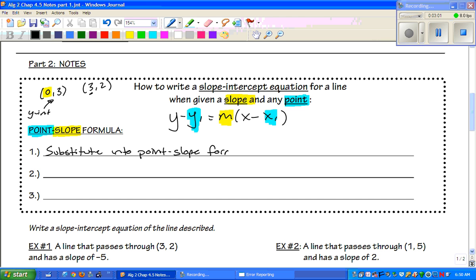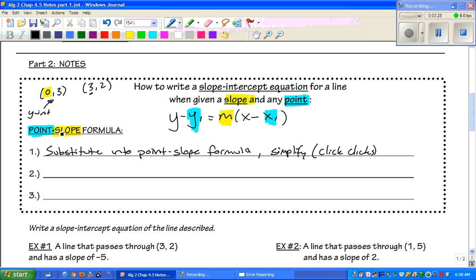Then I want you to simplify, and by simplify, we mean do any click-clicks, because when you have 2 subtraction signs or 2 negative signs next to each other, it's really a positive.